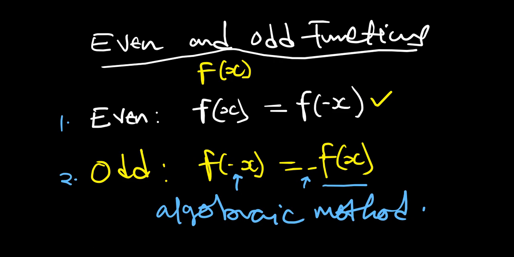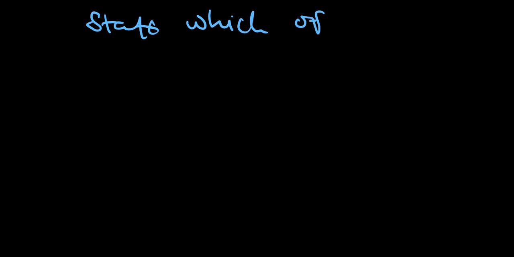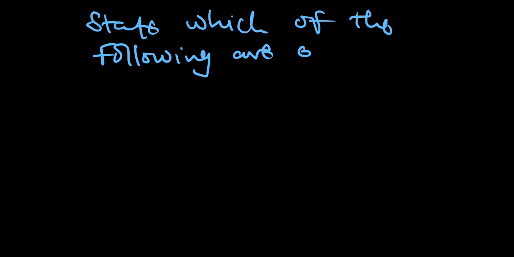So let's look at some examples here. The question will be: state which of the following are even or odd. We are going to have a number of questions here.